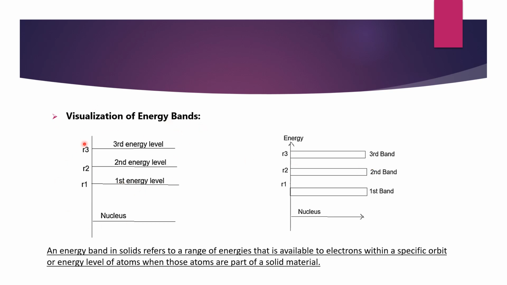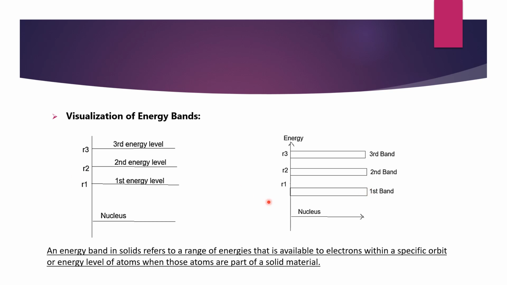The left hand side figure that we saw in the last slide corresponds to the next slide. You can see here the level is replaced by the band. This is an individual atom and this is the atom in a solid. This figure is because of the influence of neighboring atoms. Now this is not a level, this is a range of frequency.